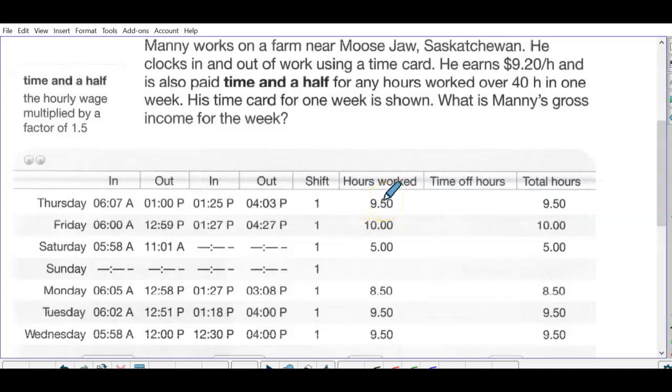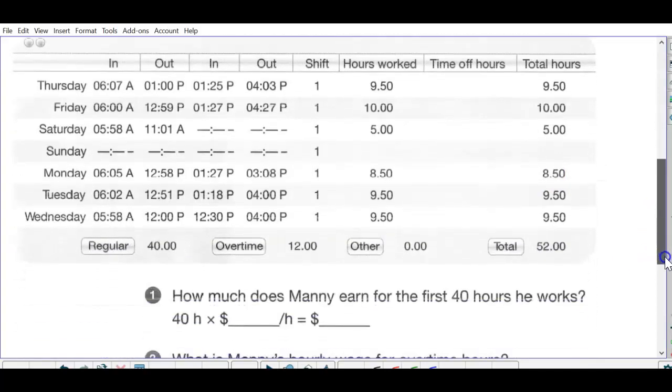They're not going to pay you to the nearest minute. Often employers round to the nearest half hour, and if it's slightly below, it depends on the employer, they might not round it up. So just be aware of that. In any case, 9.5 hours, 10 hours, 5 hours, etc. It adds up to a total of 52 hours.